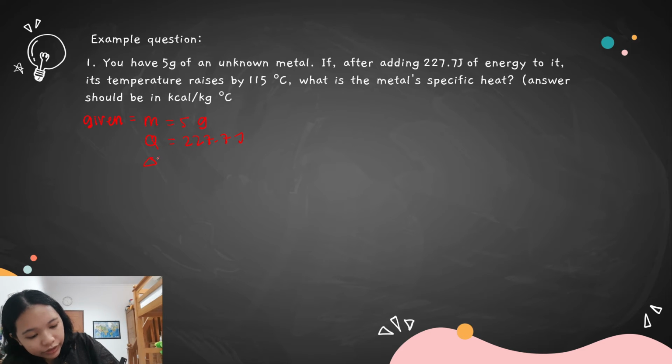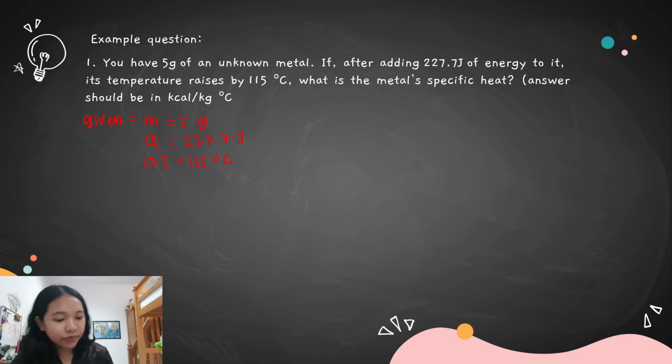That means the delta T is 115 degrees Celsius. What is the metal's specific heat? Okay, so what we are being asked about is C. The answer should be in kilocalorie over kilogram degree Celsius.